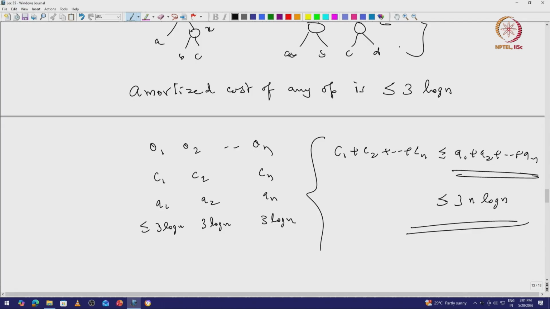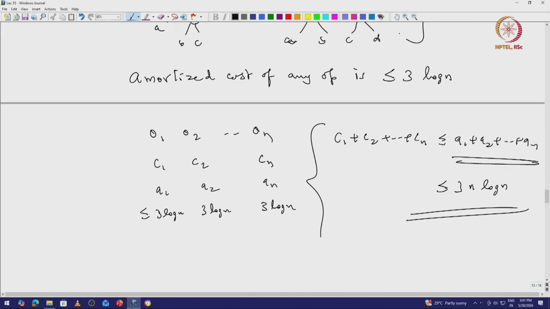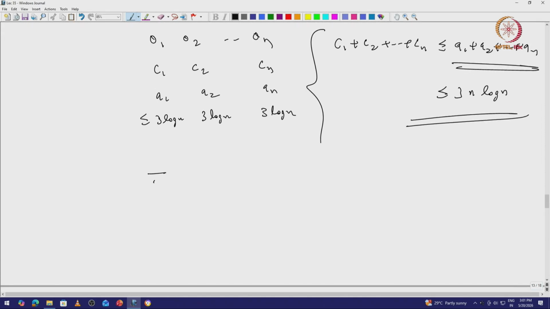Therefore, by using this data structure, which is very simple to implement, for example, how is the insert routine going to insert x in the binary search tree representing the set? Whatever you do for insertion in a binary search tree, start from the root, keep searching for it, you will be at a leaf where you will say that this element is not there, attach x to that leaf.